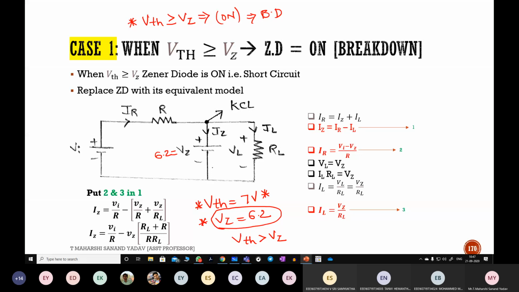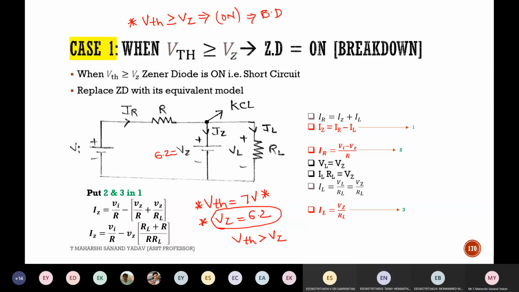Okay. So here if you see, when VTH is greater than VZ, the diode is on. On is nothing but short circuit. Next, replace the diode with its equivalent model.